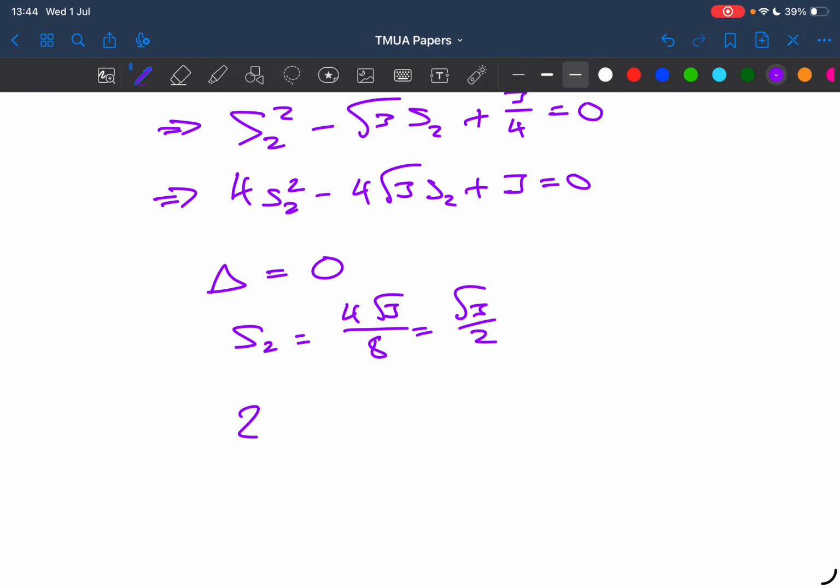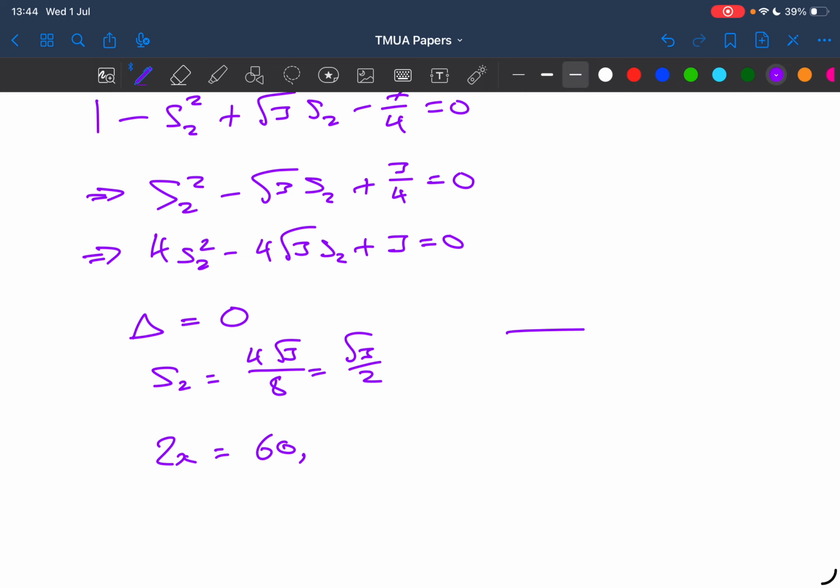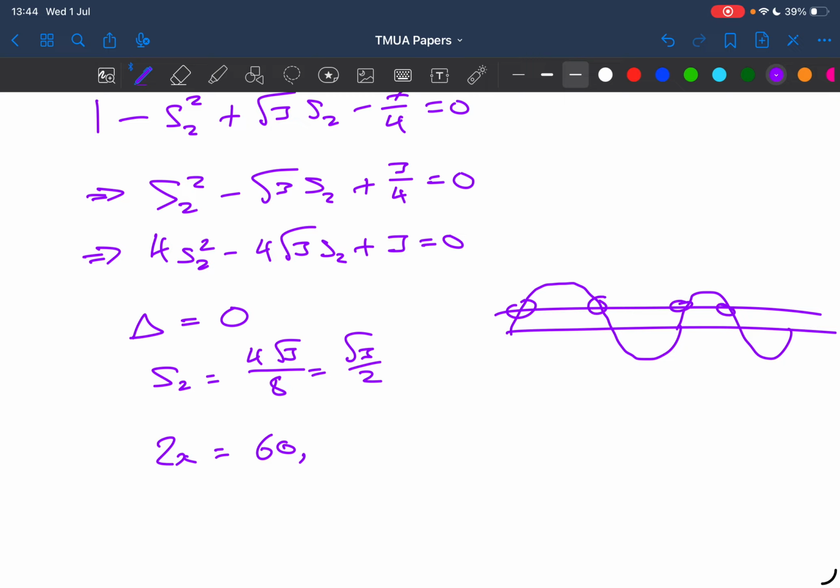What that tells us now then, 2x. I think root 3 on 2, if we did it from degrees, it would be 60, wouldn't it? Actually, drawing this out might be the easiest way. Go up, go down, go up again, up, down, up again. So we've got a 60. So that side is also a gap of 60 from 180, so we have 120.